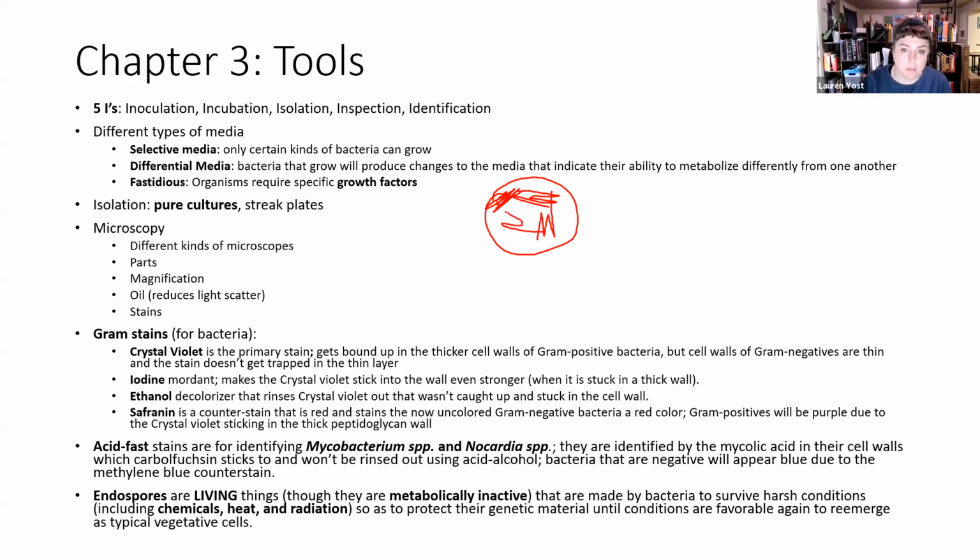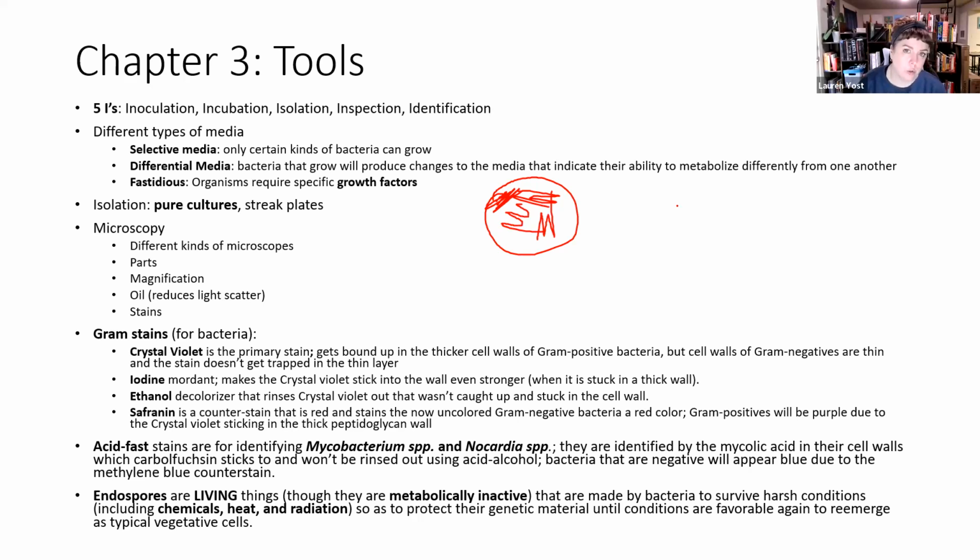This is really bad, I'm sorry, but you get the idea. Each time that you're doing that, you're not picking up more sample, right? You're going back into the other one. So you're diluting it out with your streaks and just streaking out these bacterial cells to try to get them individualized so that you can grow individual colonies and then study those individual colonies. That's the purpose of a streak plate, isolation.